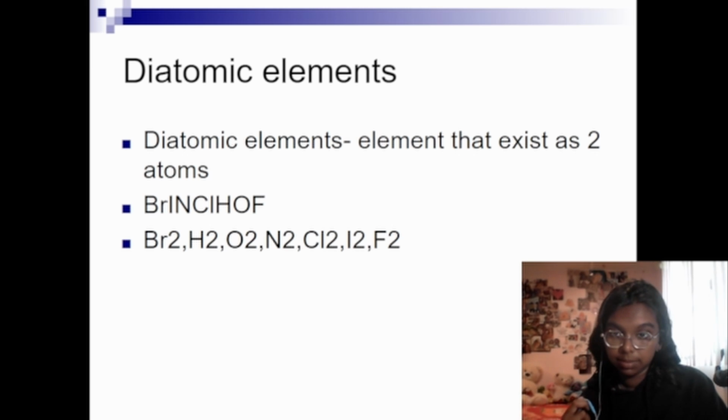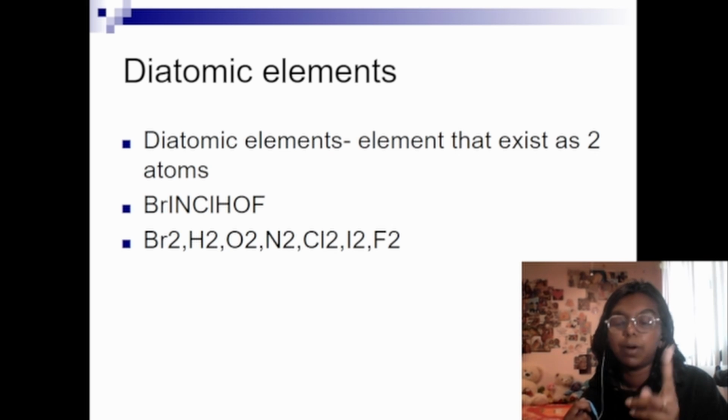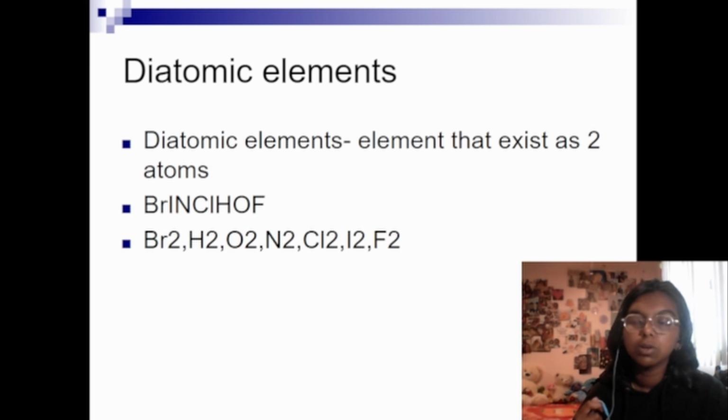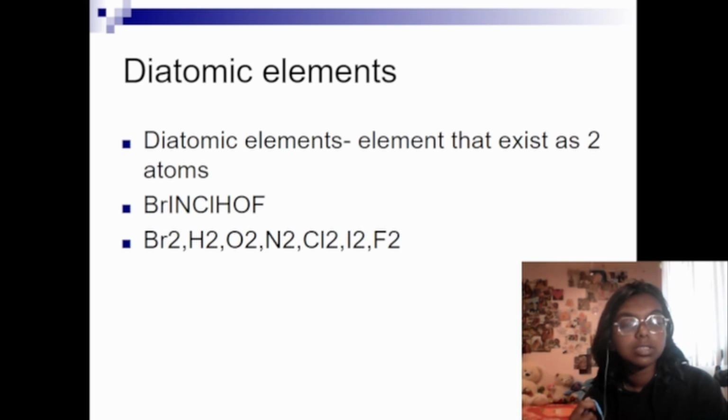What are diatomic elements? Diatomic elements are elements that exist bonded to themselves, right? You can remember the diatomic elements using Brinclhof. Or another one is Have No Fear Of Cold Ice Beer. Those are two different ways that I remember the diatomics.